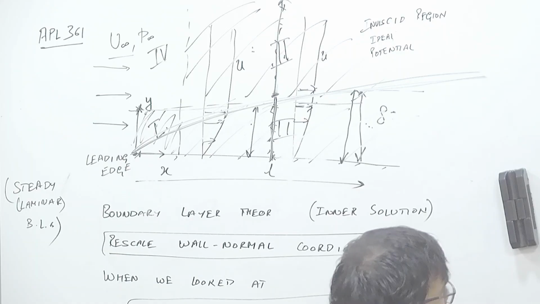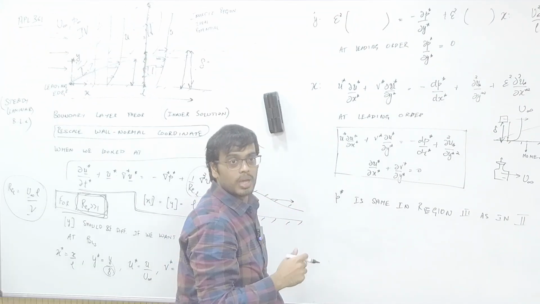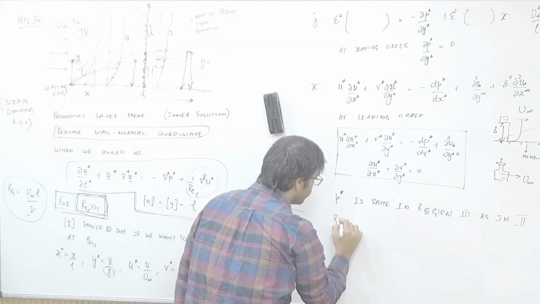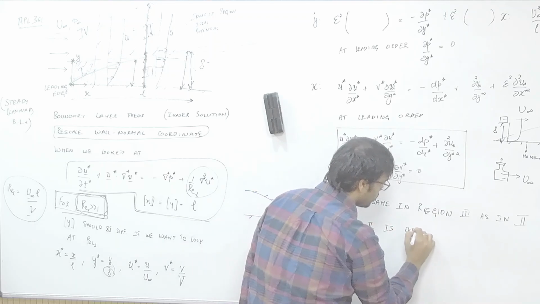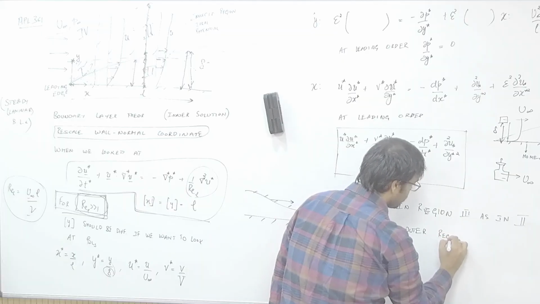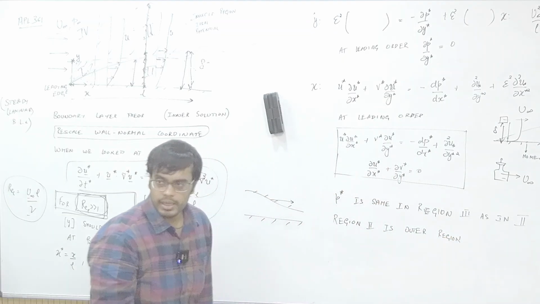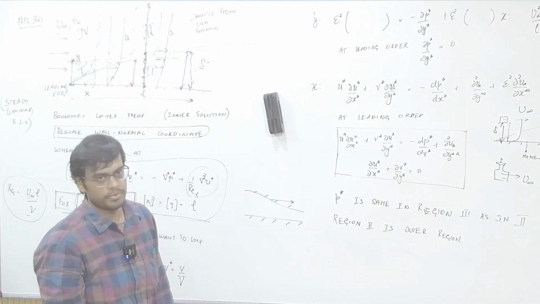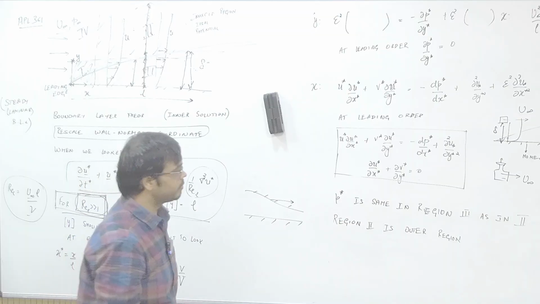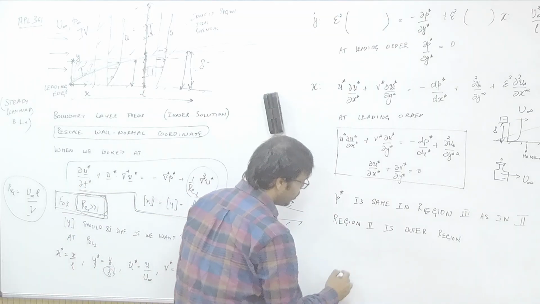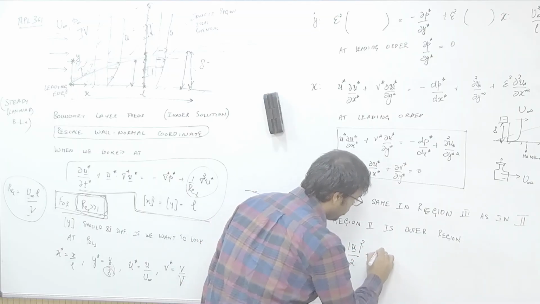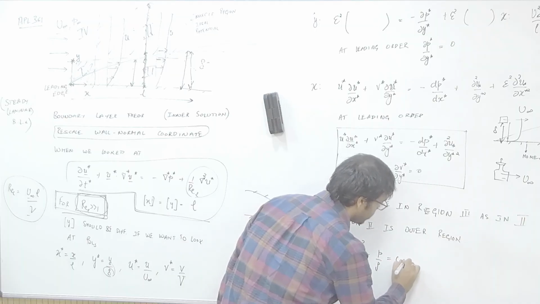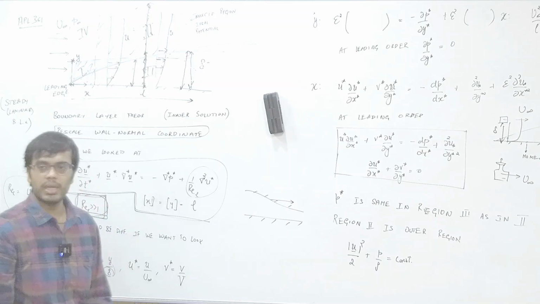So how do we get the variation of pressure in region 2? Luckily, region 2 is the outer region where the inviscid flow equations are valid. If you look at the inviscid flow equations for steady flows, you will see that in dimensional form, mod u squared by 2 plus p by rho is constant in region 2.